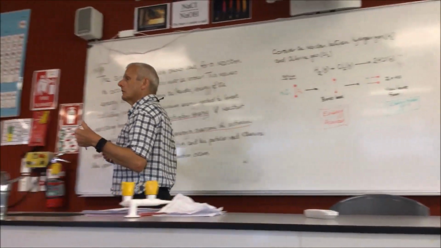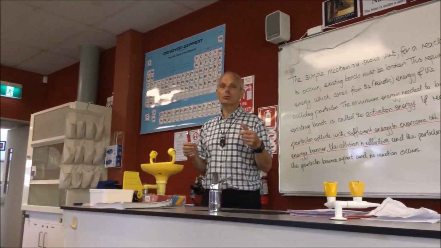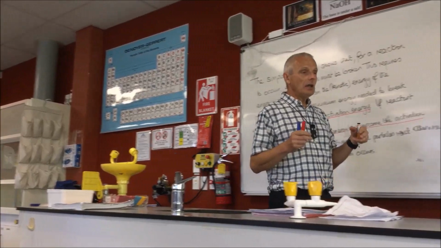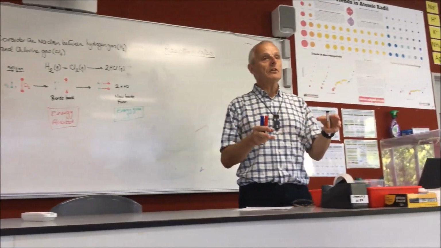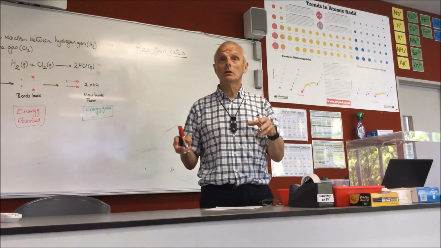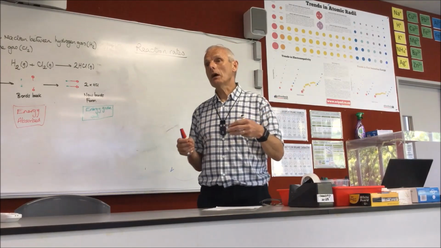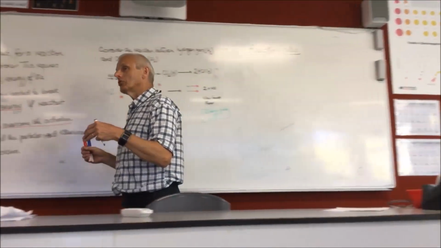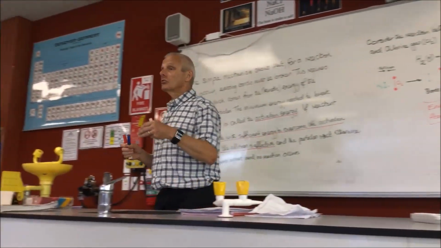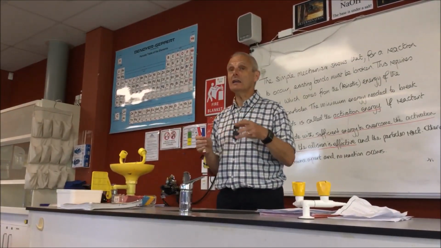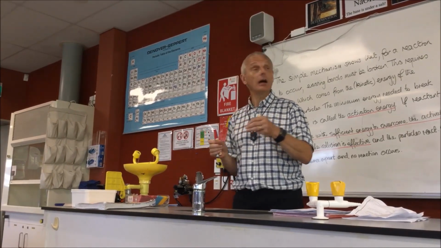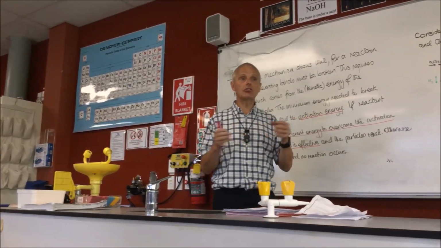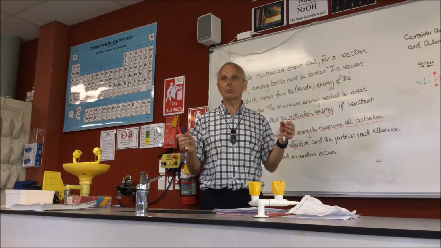The other thing that affects how quickly or slowly a reaction goes is the number of collisions that occur per unit of time. That's a bit of a mouthful every time, so the best way to say it is the frequency of collisions, because it involves a time factor. Anything that's involving a rate involves a time factor. And here, the important thing is the frequency of collisions between reacting particles.